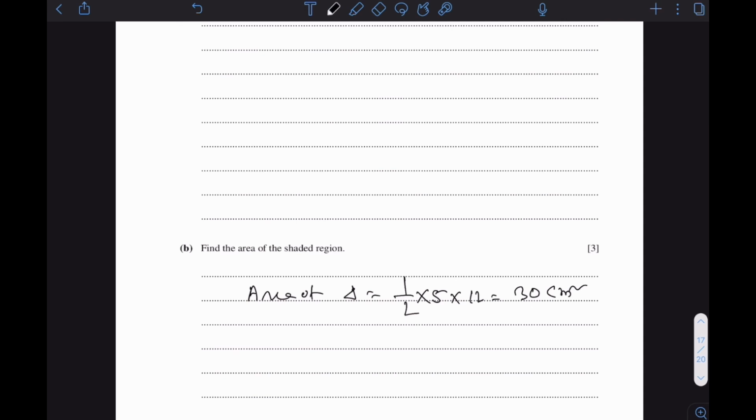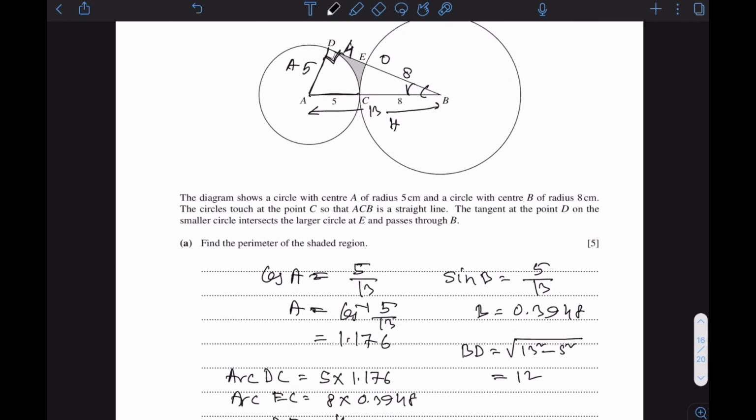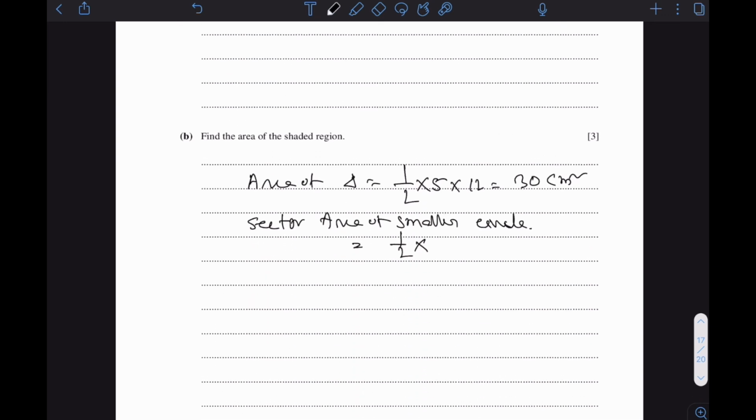Now sector area. Sector area of the smaller circle, okay, half 5 square into 1.176.